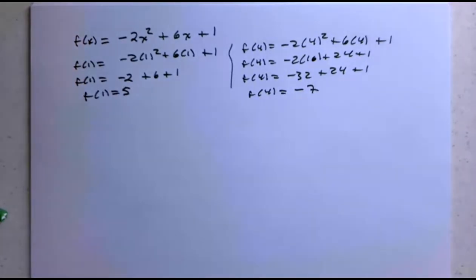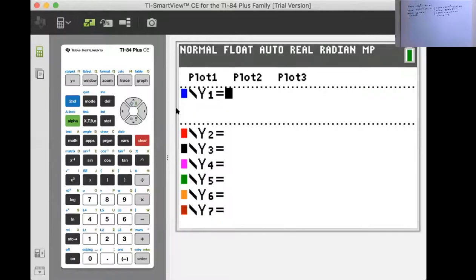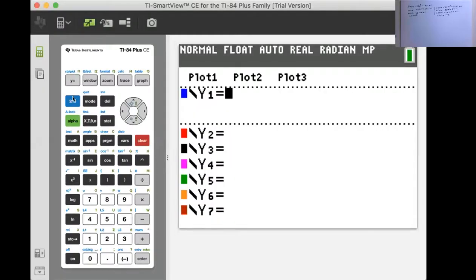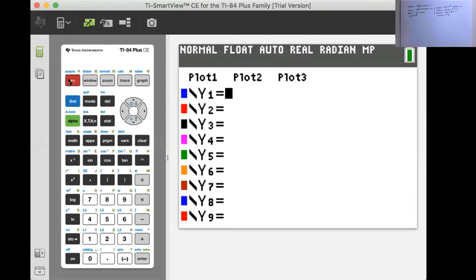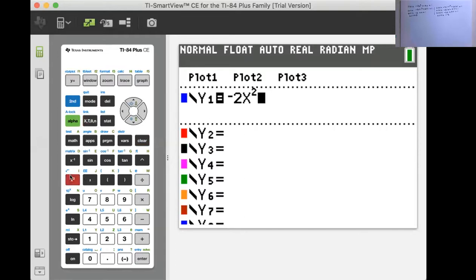Let's quickly check that on the graphing calculator. I'll go ahead and pull that up. A couple ways we can do this on the graphing calculator. If I go to my y equals button, I can plug in the function. Negative button is down here. Negative 2x squared plus 6x plus 1.